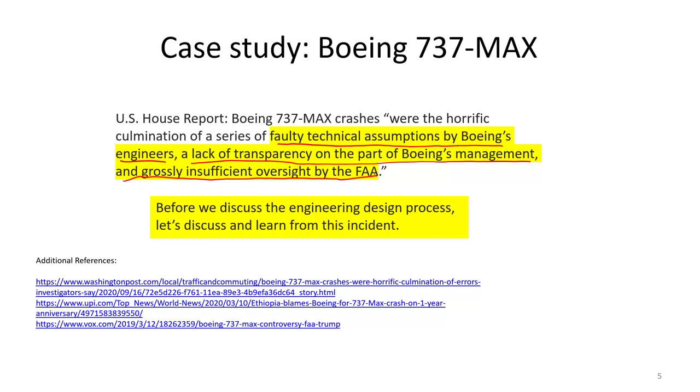FAA here is the Federal Aviation Administration. So clearly, some mistakes were made in the case of the Boeing 737. So let's take a look at what we can learn from this incident.